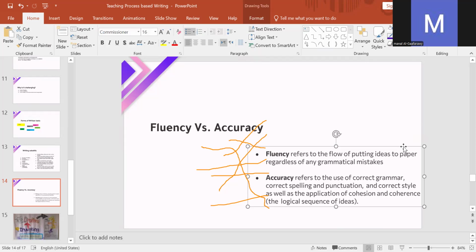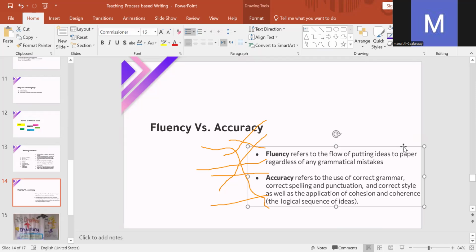And cohesion means the use of linking words like but, when, and, because, where, any connectives. And coherence is again a writing-oriented concept, and it refers to the logical sequence of ideas.